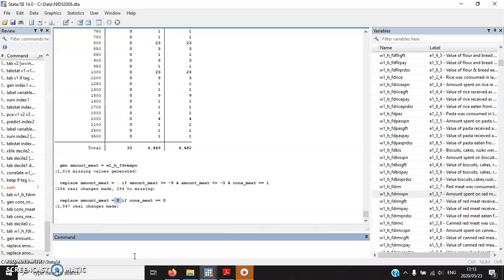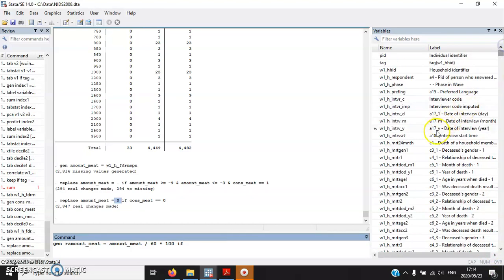Okay. And then now I need to generate real consumption on meat. 2016 December prices. So I will just do it 1 or 2. Remember, we have to use the monthly CPI. So the real consumption amount equals nominal amount divided by CPI in January times 100 if interview month is equal to January.